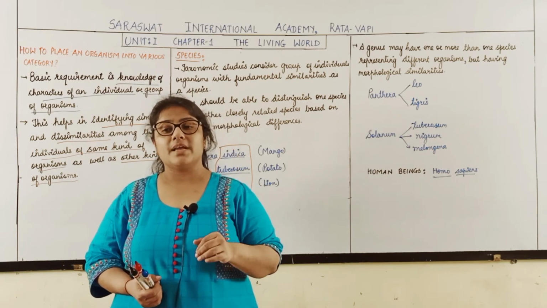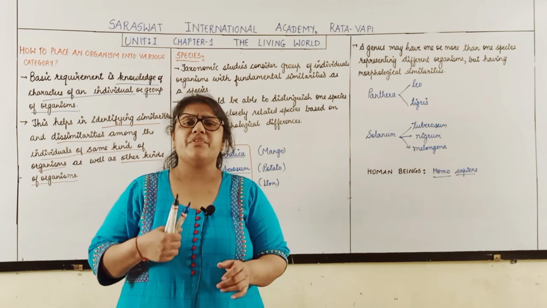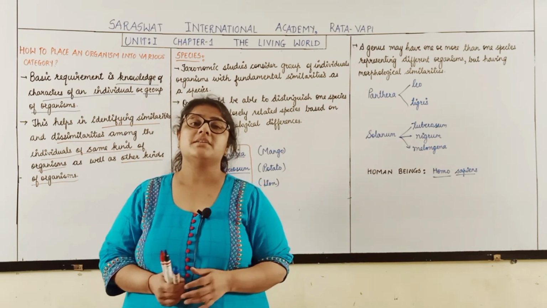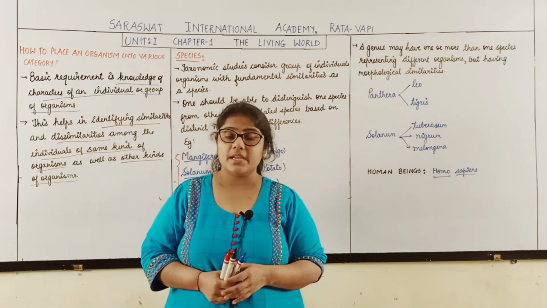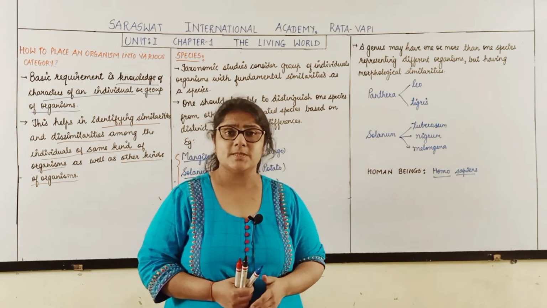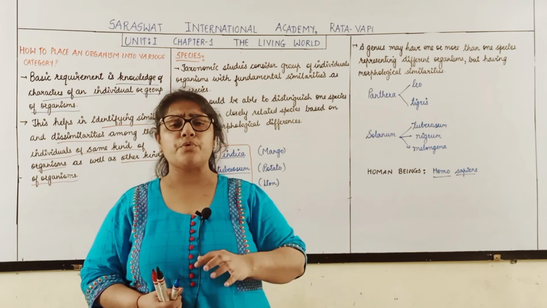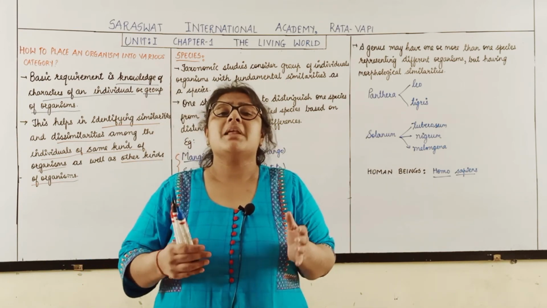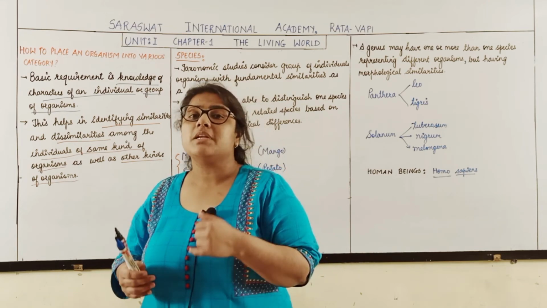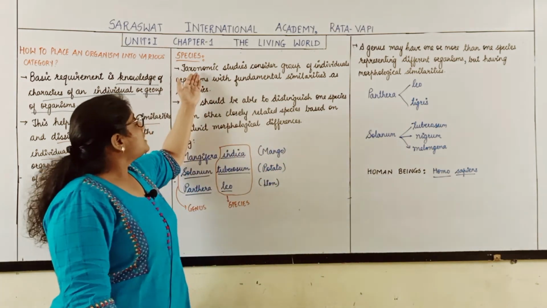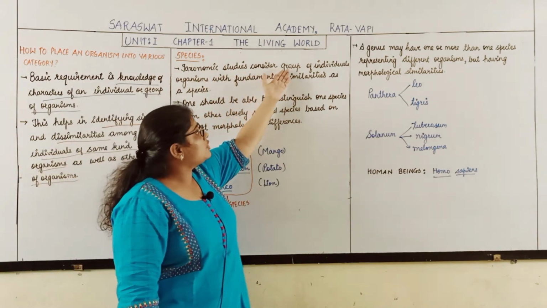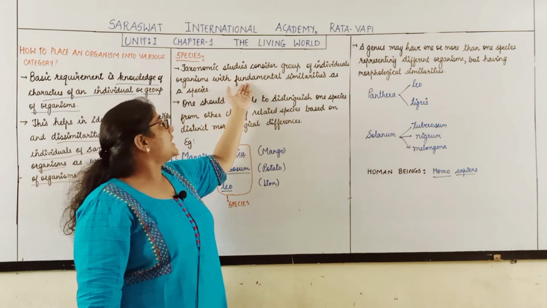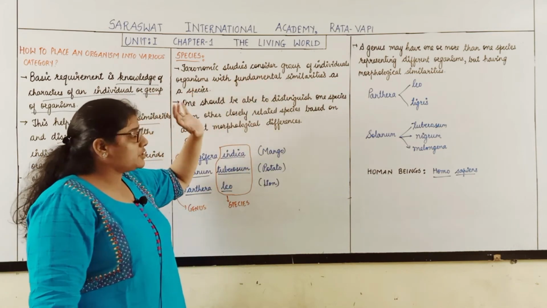So species is a group of organisms which shows similarities in the maximum number of characters. Taxonomic studies consider a group of individual organisms with fundamental similarities as a species.